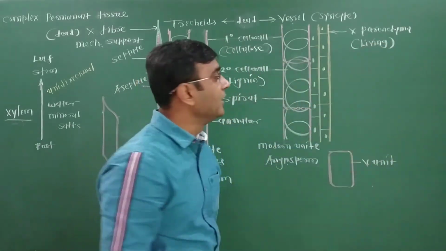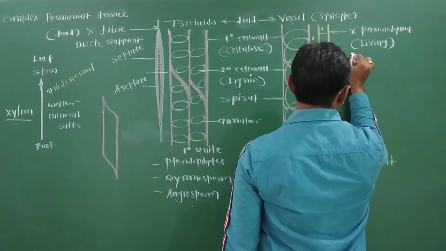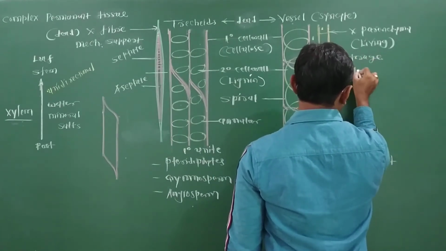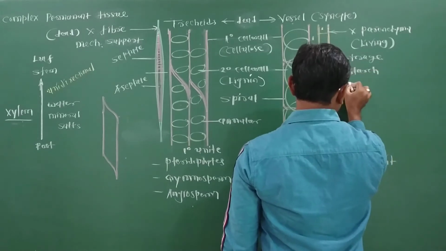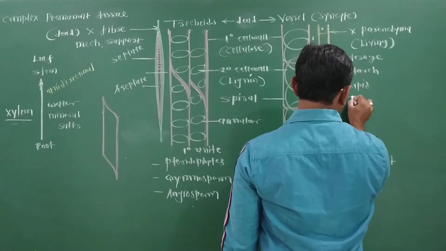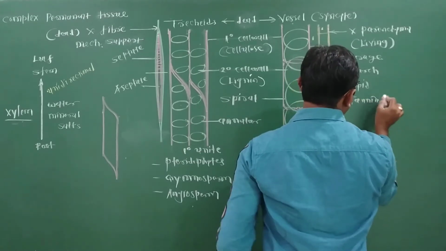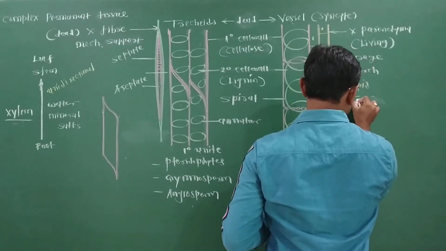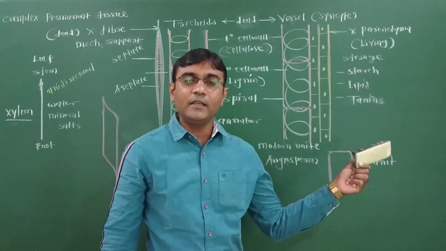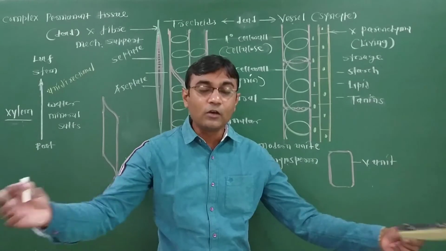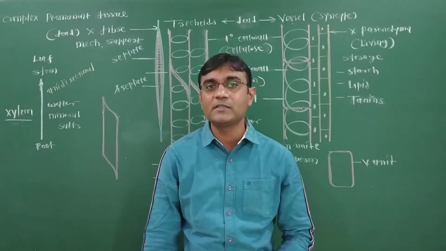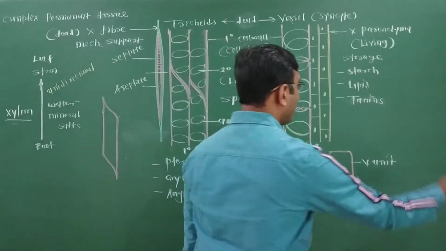It is associated with the activity of storage. It stores reserve food such as starch, lipid and tannins. Tannin is a phenolic organic compound, useful for many medicinal purposes as well as anti-cancer medicine.